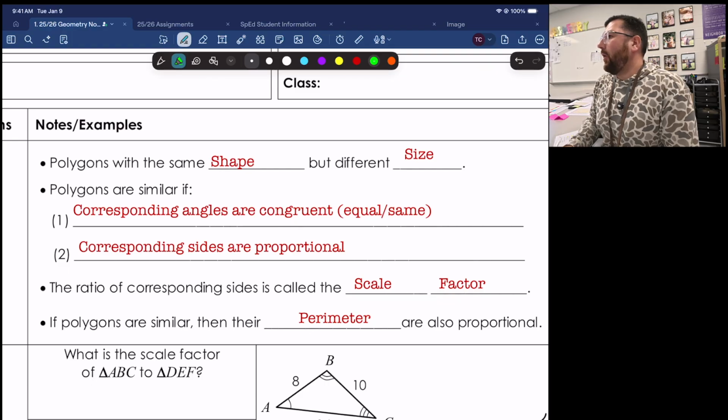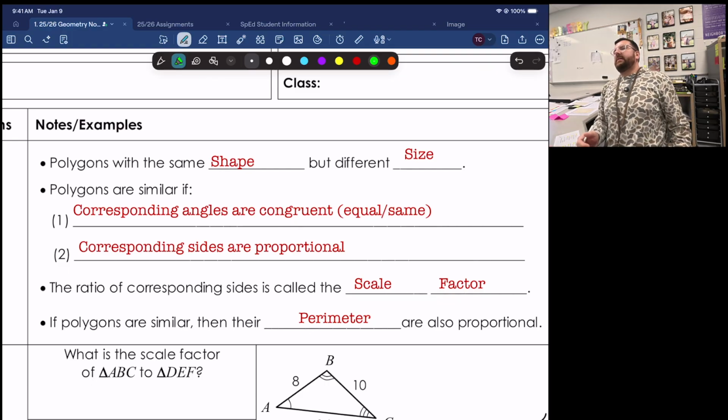Corresponding sides are proportional, which means that there is a proportion between all of the sides of object 1 and object 2. So we're going to set up a ratio of, say, object 1 over object 2. And for every side that we put into those ratios, there is a consistent proportion throughout them.